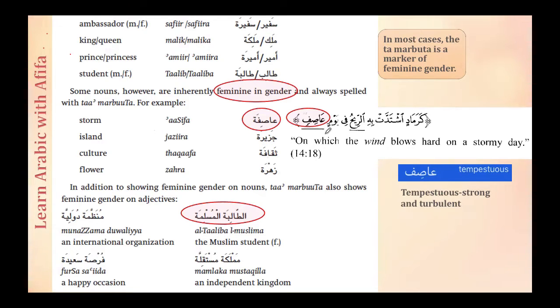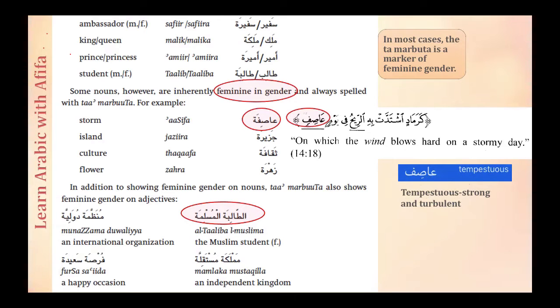Now, in the Quran, we see this verse where the ta marbuta is not used. Here it's asif. Here it's translated as stormy, but because this does not have the ta marbuta, a better translation would be tempestuous, or strong and turbulent, because that's the meaning of asif without the ta marbuta.